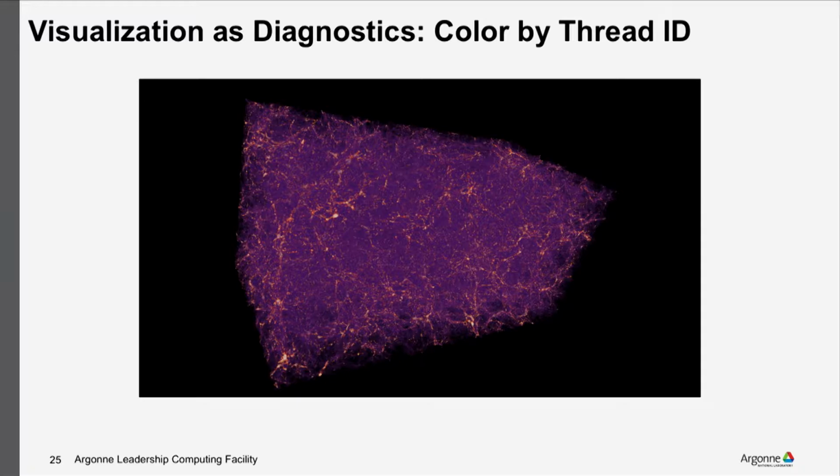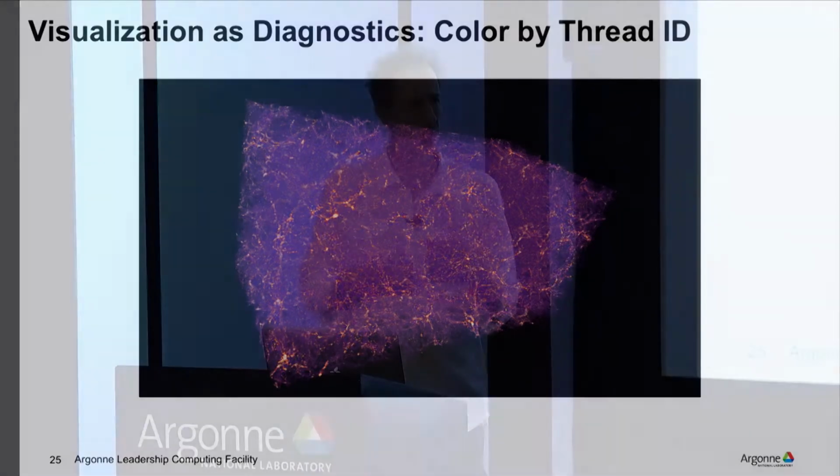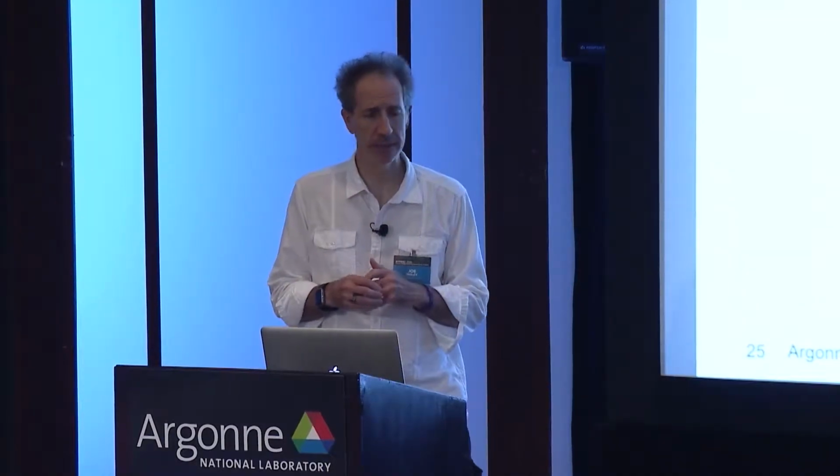I mentioned our volume rendering code that we use for doing large-scale visualization. This is an example looking at some cosmology data. We were trying to improve some performance by threading it, and we weren't quite getting the performance we were expecting.